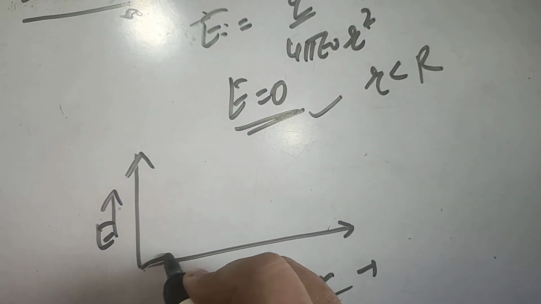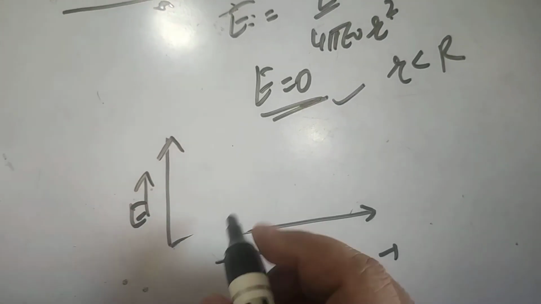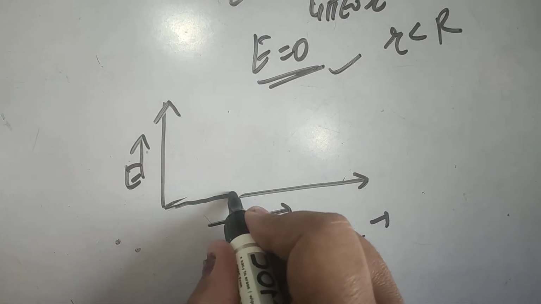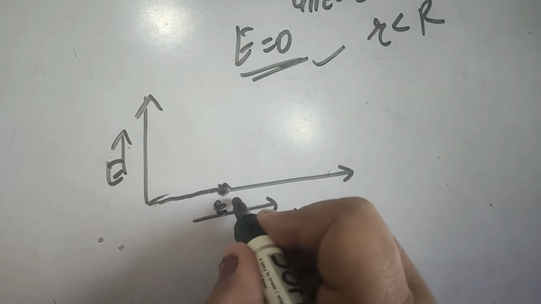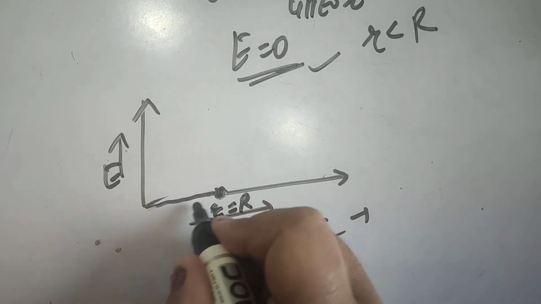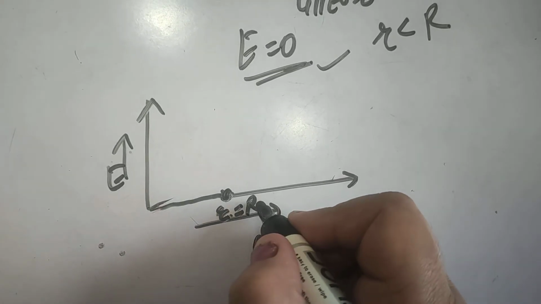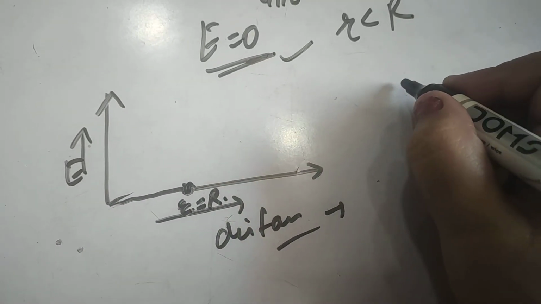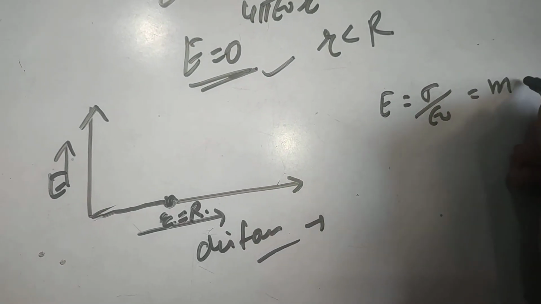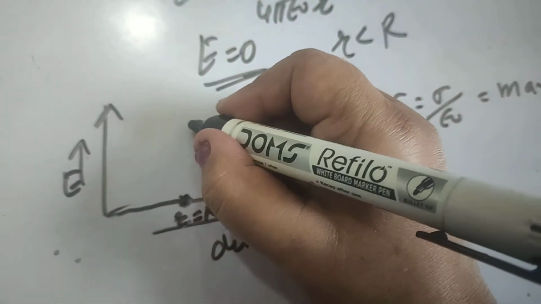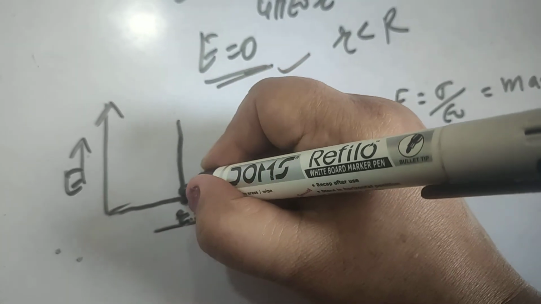This is the point at which r is equal to R. Below this the value is 0. At r equal to R we have found the value E is equal to sigma upon epsilon naught, which was the maximum value.